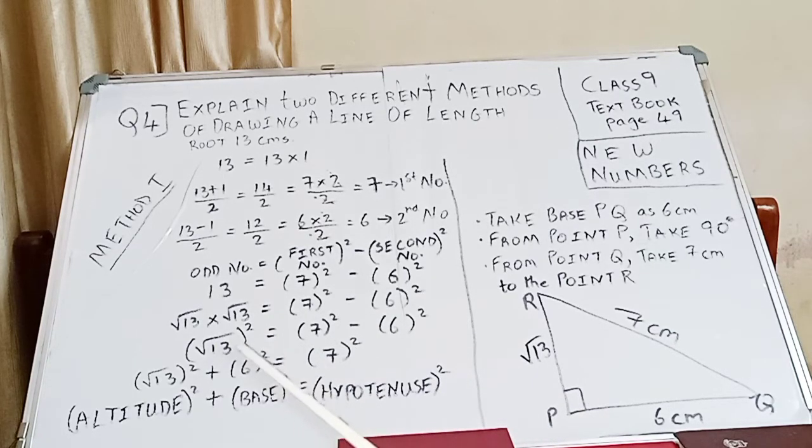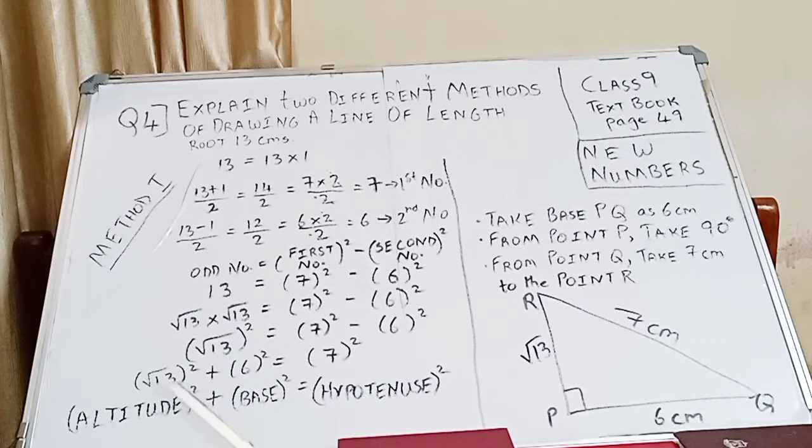If you multiply root 13, root 13 the whole square is equal to 7 square minus 6 square. This 6 square you can take to the opposite side of the equal to sign. When we take it to the opposite side, we'll get square root of 13 square plus 6 square is equal to 7 square. This minus will turn to plus.